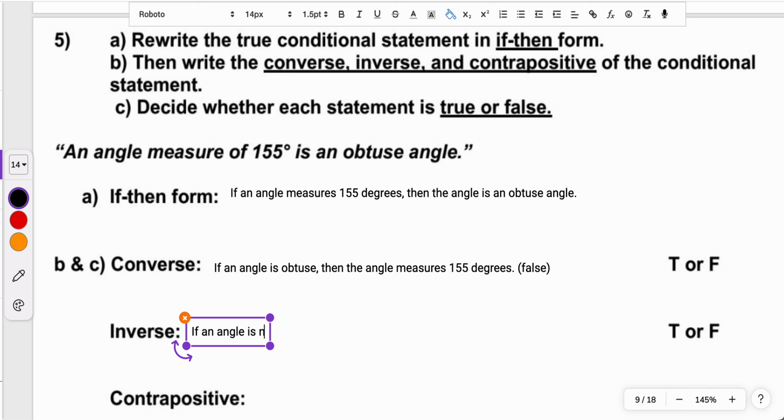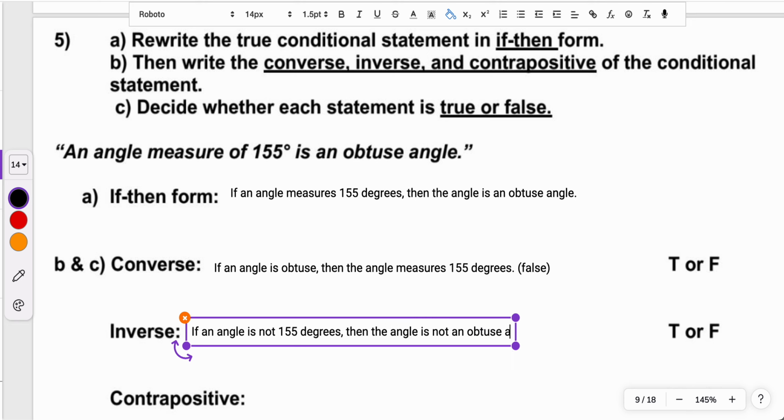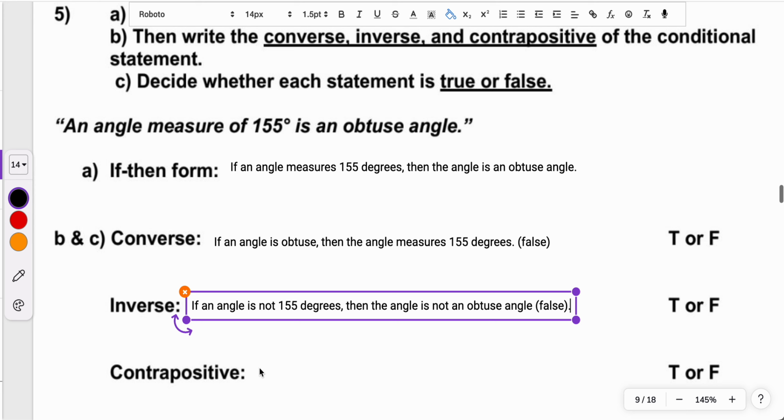If an angle is not 155 degrees, then the angle is not an obtuse angle. That would also be false because just because it's not 155 doesn't mean it's not obtuse. We can have 142, 156, 91.